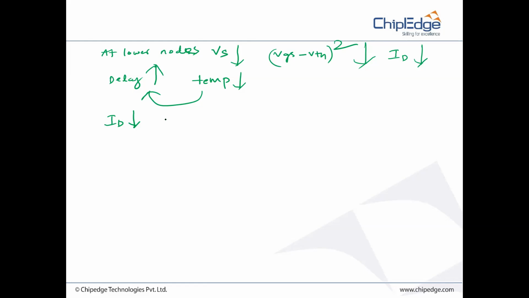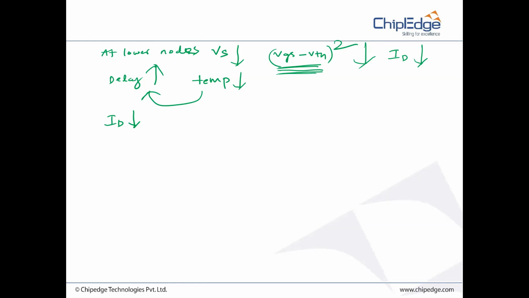I am asking about the resultant, VGS minus Vth, not only about VGS. At lower technology, VGS increases, and VGS and Vth are very close to each other. So that square will be more.